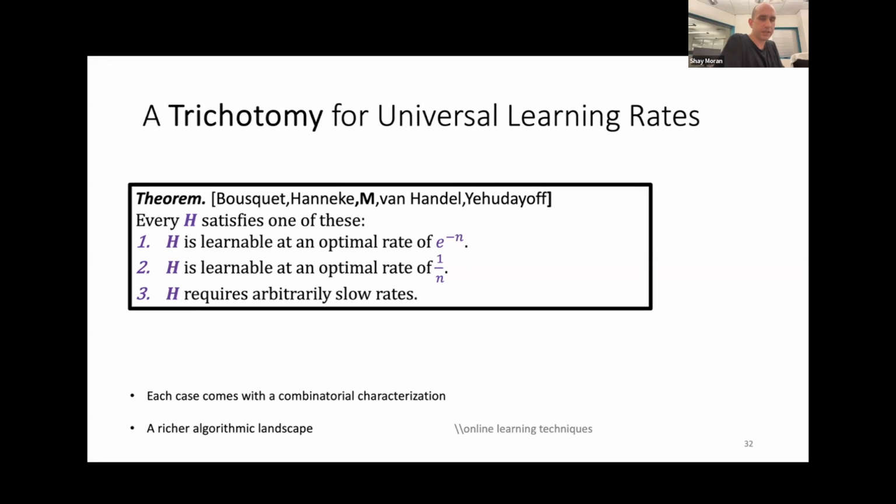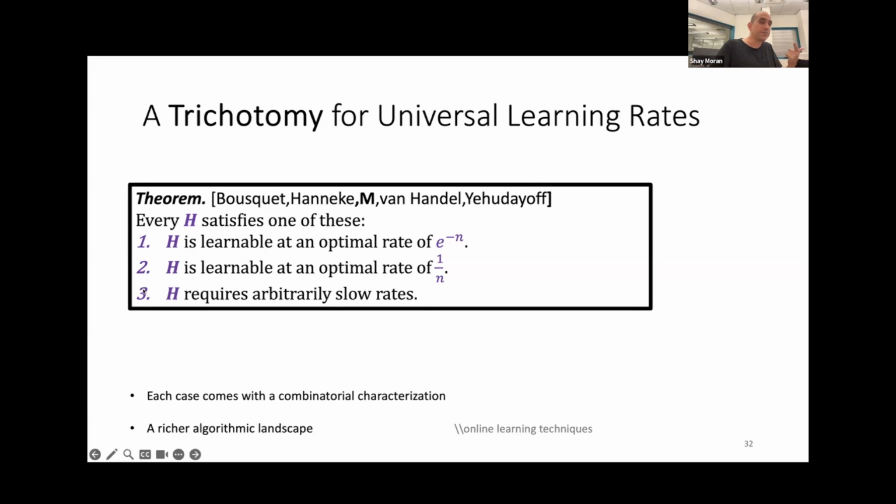Let me clarify: when I say every H is learnable, I mean that there exists an algorithm like one nearest neighbor that for every distribution, labeled by any function, the learning curve will eventually go to 0.